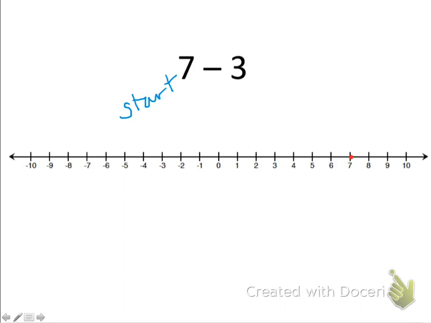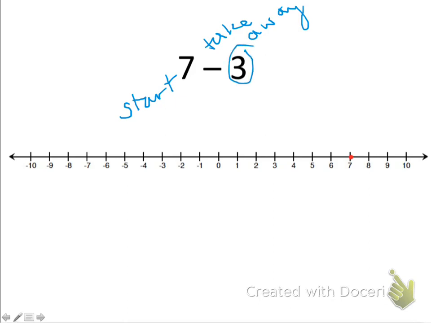Alright, then, because we have minus, which is like taking away, or subtracting, or becoming less. So what this means is we have 7 and we want to become positive 3 less.